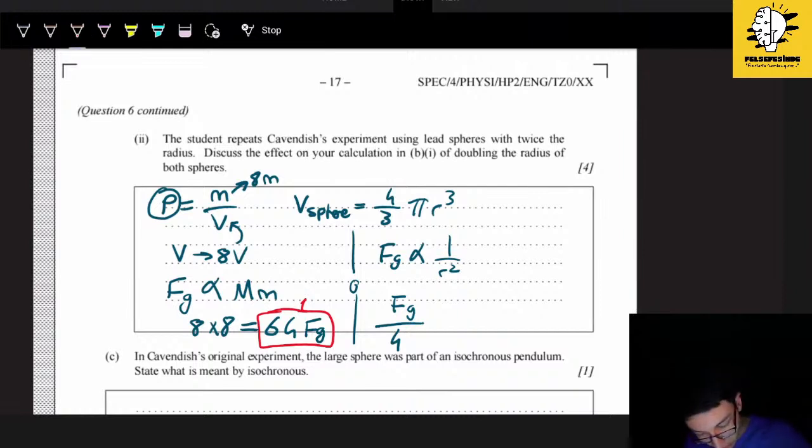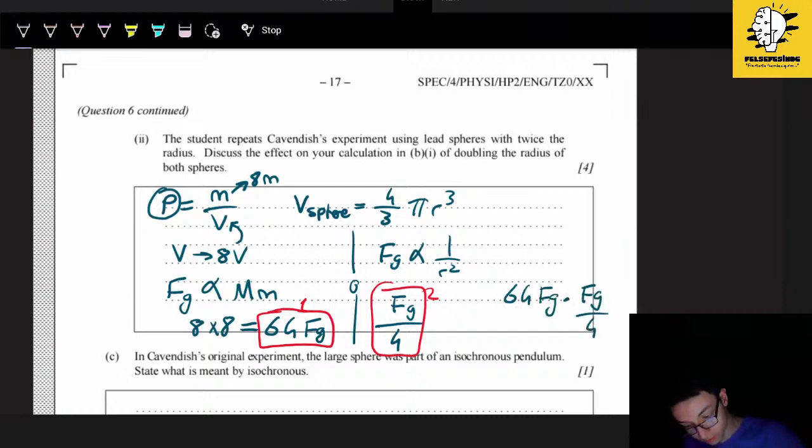Then I will just use those two: 64 Fg times Fg over 4 gives 16. So Fg will increase by a factor of 16. This is the answer.